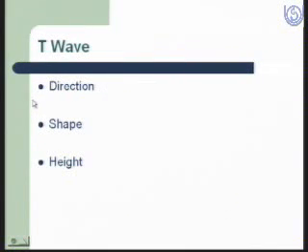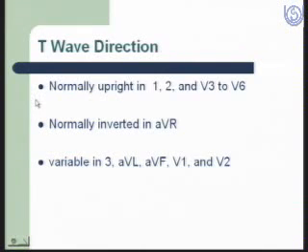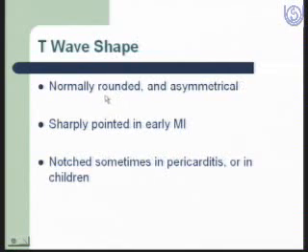Now T wave, we have to see the direction, shape and the height of the T wave. Normally T wave is upright in lead 1, 2 and leads V3 to V6, and normally is inverted in lead AVR. It is variable in lead 3, AVL, AVF, V1 and V2.